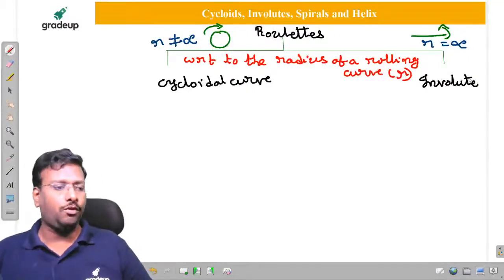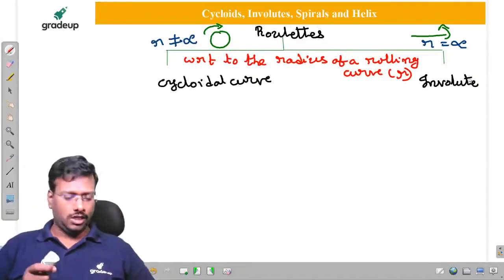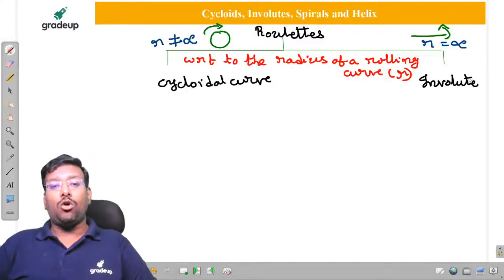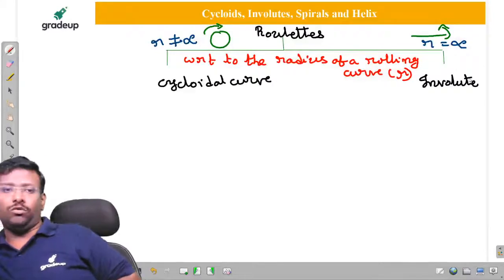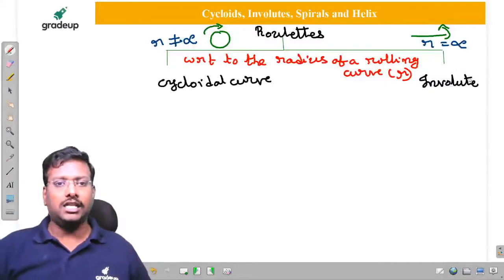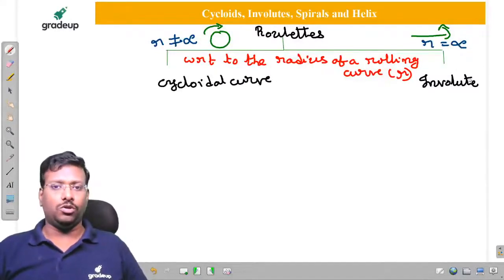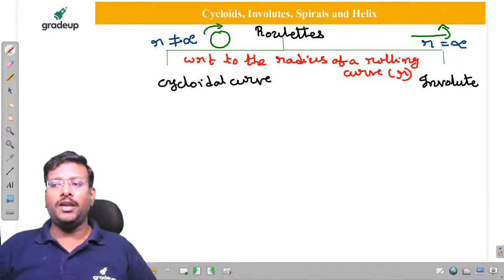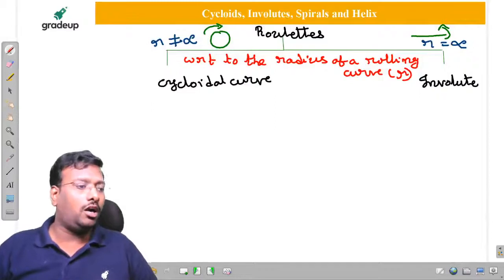Is it clear to all of you? So what is an involute? It is the path traced out by a point on a straight line when it rolls over another curve. That other curve may be a circle or it may be a polygon also.